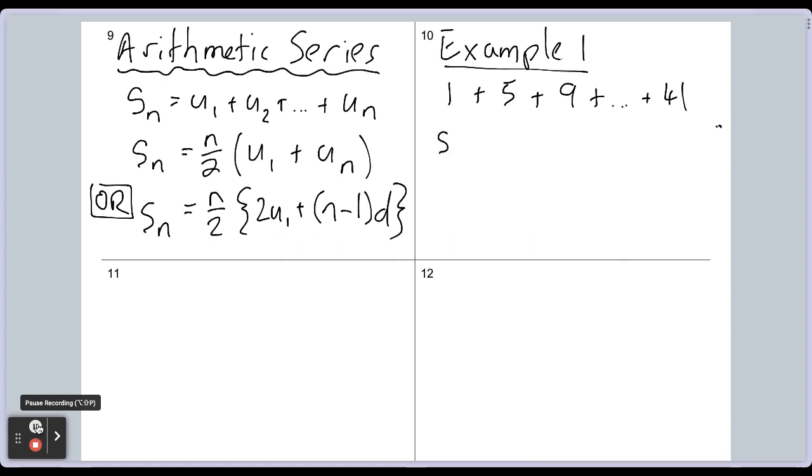Then the sum to n terms would be, if you've got the first and last term, use that first form. If you don't have the first and last term, then use the second form. So the sum to n is equal to, oh, I don't know what n is, do I? So I'd have to work it out.